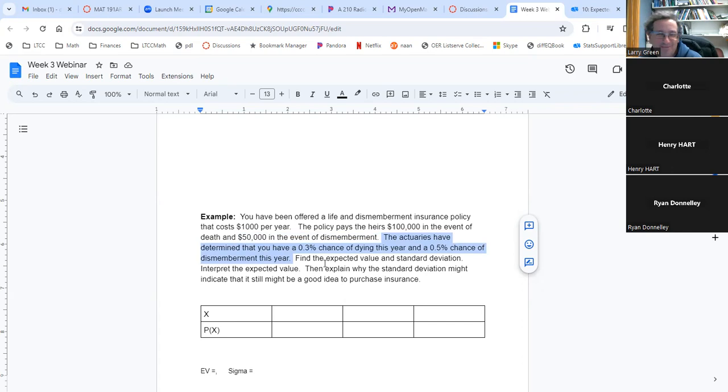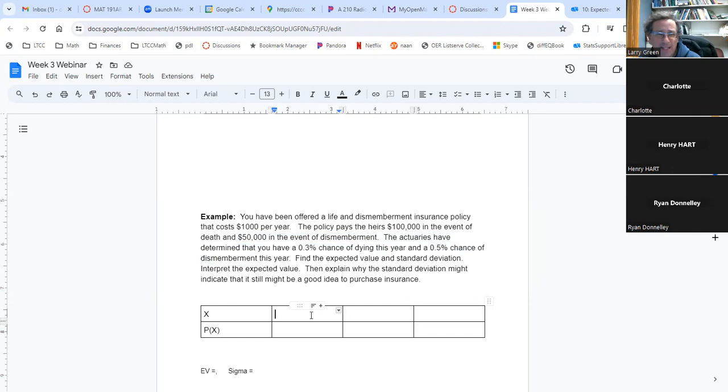But there's still reasons to buy life insurance. And let's suppose you have a 0.3% chance of dying this year and a 0.5% chance of dismemberment this year. Okay? Any questions on that? Okay, find the expected value and standard deviation and interpret the expected value. Explain why the standard deviation might indicate that it still might be a good idea to purchase the insurance.